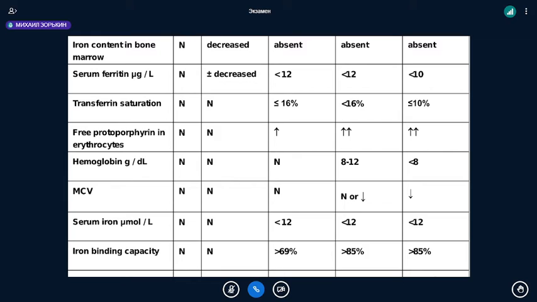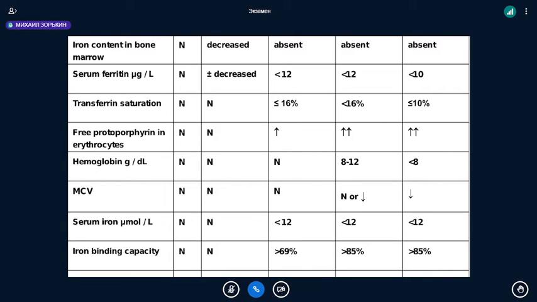The first stage: the main essence is, at this stage, only risk factors presence. What does it mean? The patient doesn't have any signs of anemia, nor any complaints, because the problem here is that the storage of the iron content starts to get depleted.